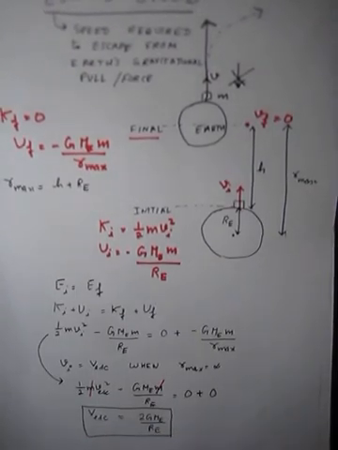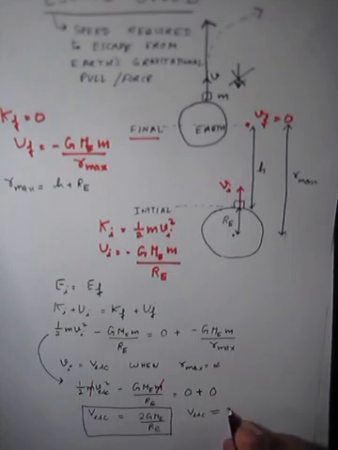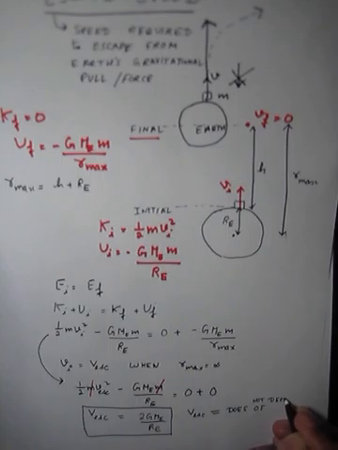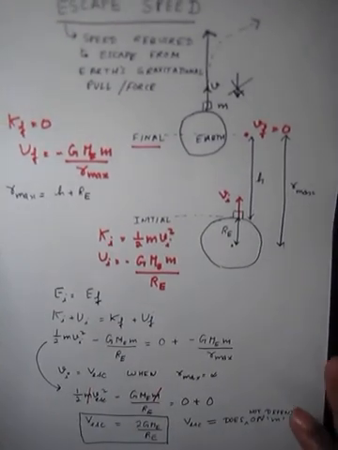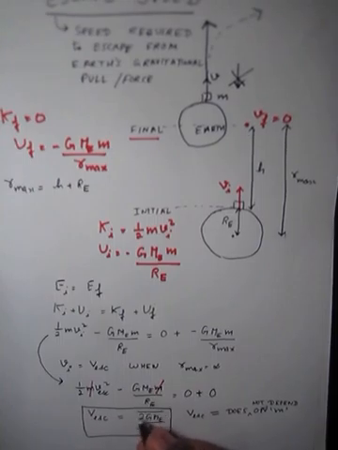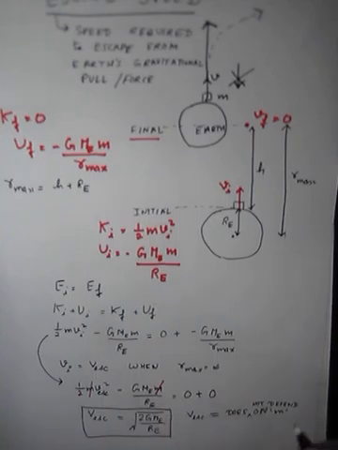Now here we need to understand that v_escape is independent of small m. So whatever is the mass of the object, it is independent of it. If the speed is greater than this velocity, it will escape the pull of Earth.